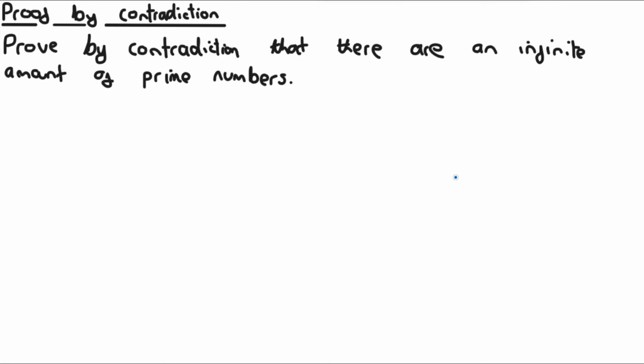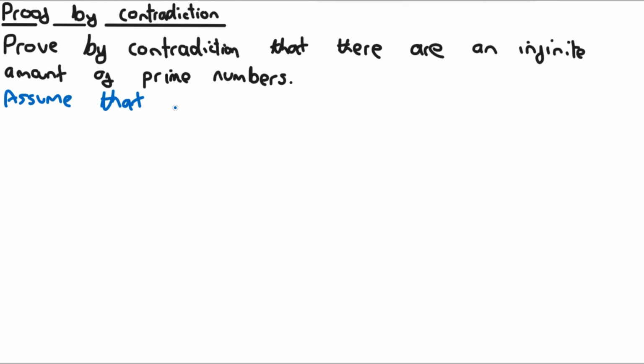So here's the other example that's specifically mentioned on the spec. We need to prove by contradiction that there are an infinite amount of prime numbers. So remember the first step, we need to assume the opposite of what we're trying to prove. We're trying to prove that there are an infinite amount of prime numbers.